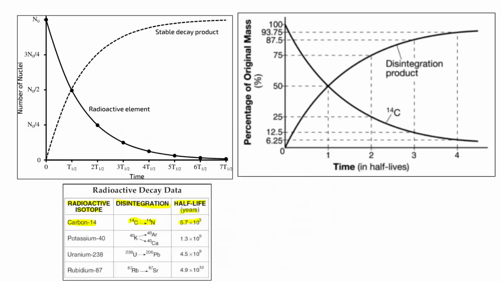A normal graph for radioactive isotopes and their disintegration products looks like this. The radioactive element, carbon 14, is decreasing in a curve shape, and its disintegration product, nitrogen 14, will increase at the same time, kind of like this.